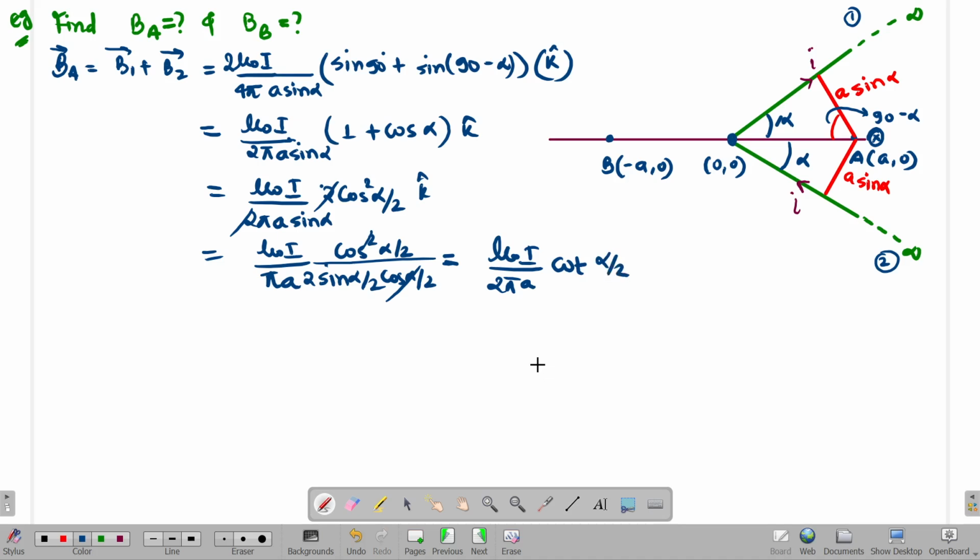Is it clear? Similarly, can you find the magnetic field at point B? Do it. How to imagine it?